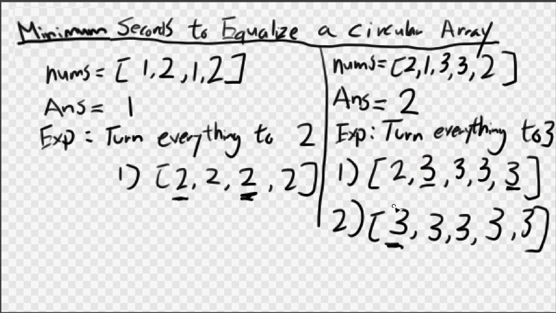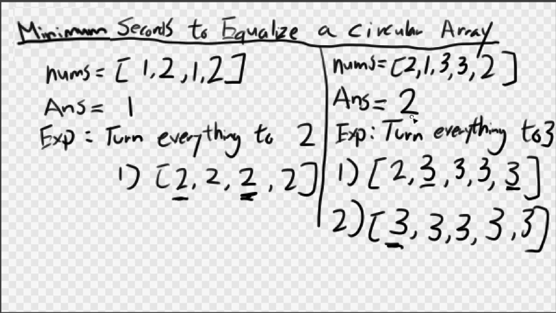For the second, these 2 can be changed from I plus 1, which currently has already become 3. That's why this 2 will become 3 on the second. And at the end, we need to spend 2 seconds to make everything equal to 3. And that's why the answer is 2 here.